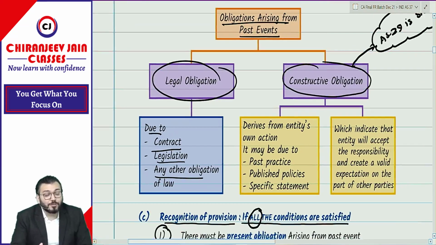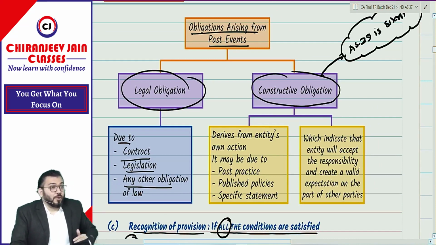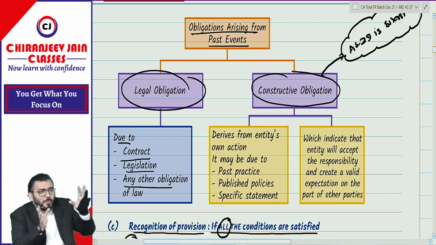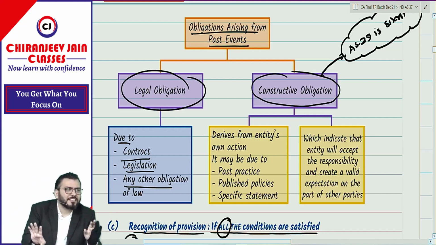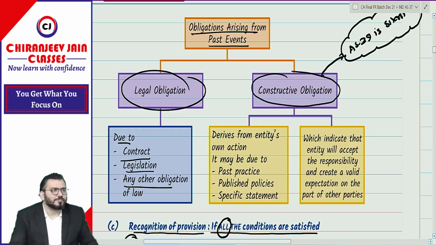Correct. Now coming to constructive obligation. Constructive obligation means one which arises due to the entity's own action. Own action means something I have done, because of which some obligation arises. For example, right now we have done one contract that I will teach you, you will pay me. And during the classes, I have made one announcement.